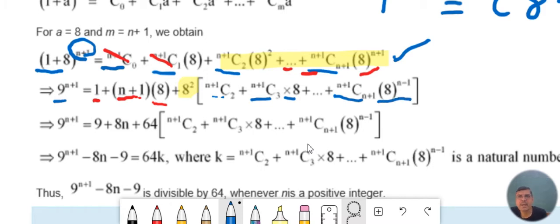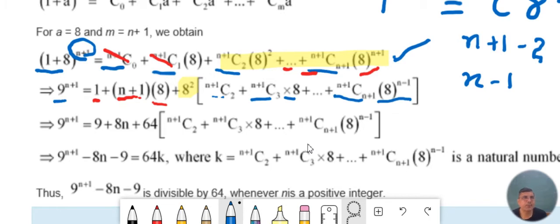So why n minus 1? Remember, n plus 1 minus 2 power. So n minus 1, because the power of 8 is n plus 1. And if you are taking square common, then here you will get 8 raised to n minus 1.